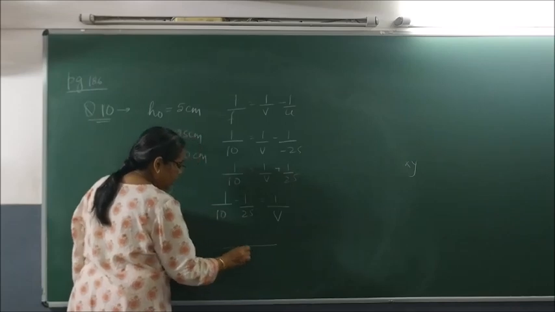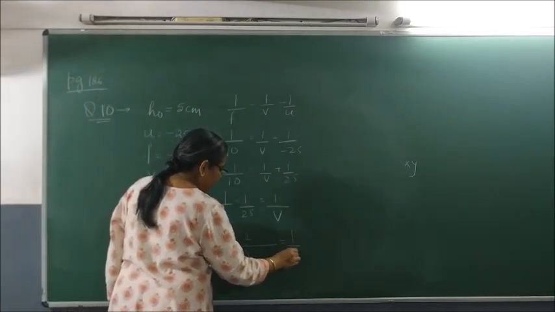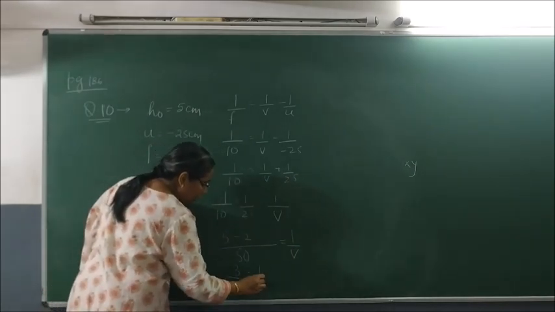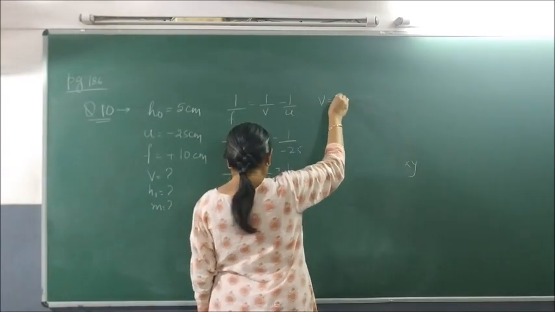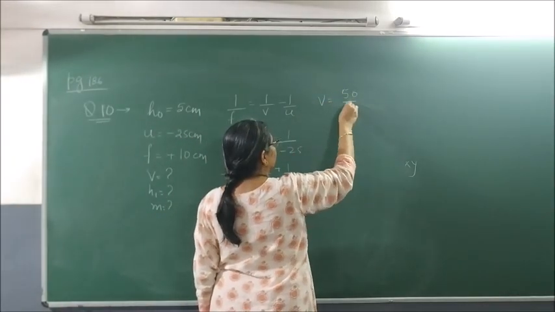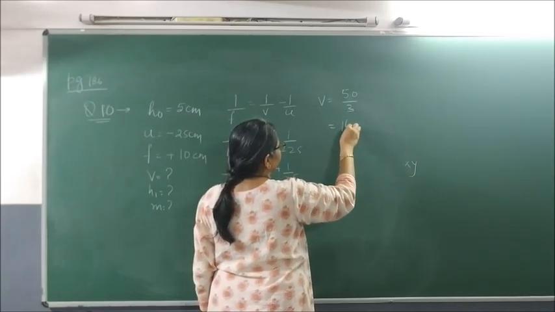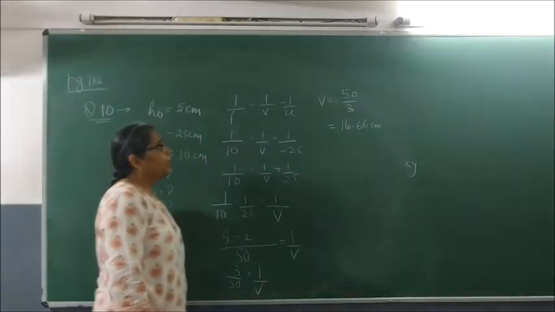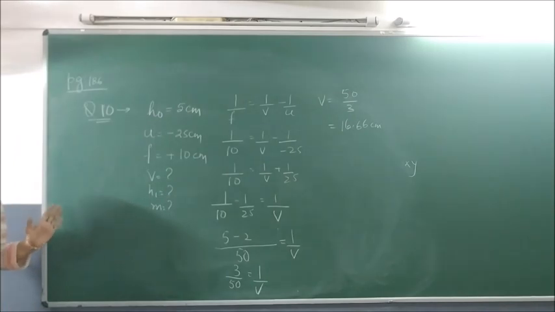So you have 10 5s, 25 2s, as 1 by V. So it is 3 by 50 is 1 by V. So what will you get V as? V is 50 by 3, which is equal to 16.66 centimeter.